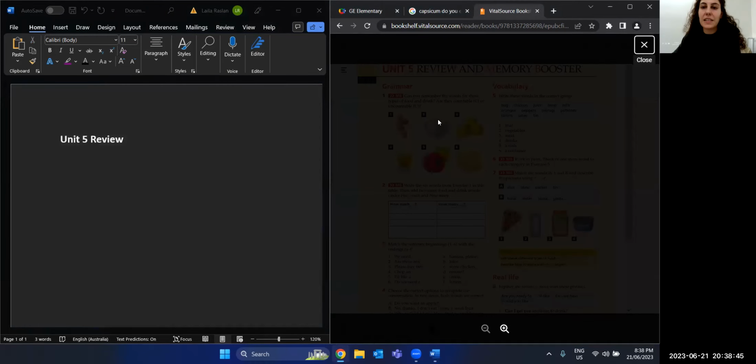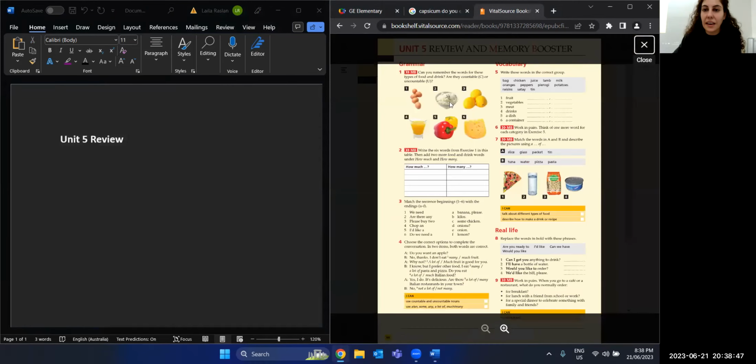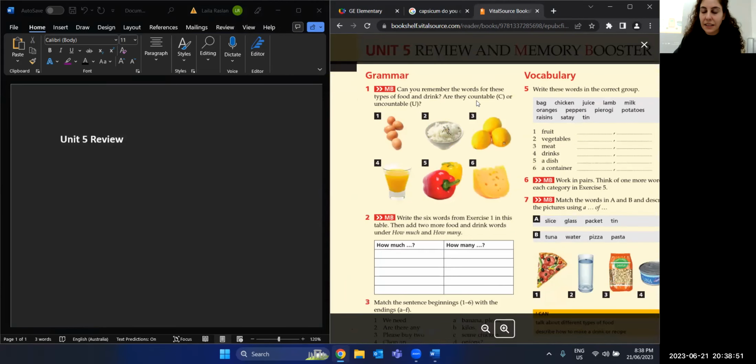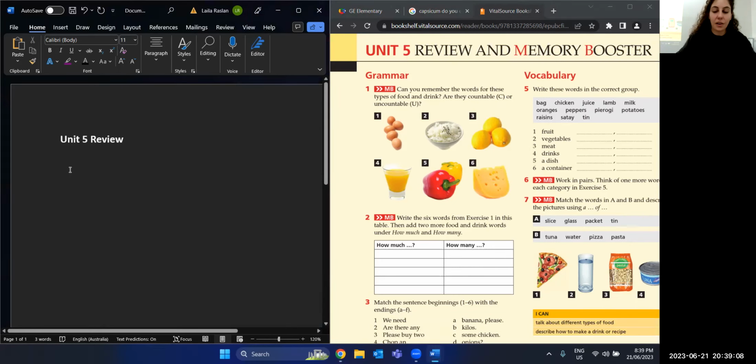Okay, so let's have a look. Grammar. We looked at nouns. You remember earlier in the unit, a few lessons ago, countable and uncountable. Do you remember these words? What do they mean? How do you know which one? The best way to tell is that countable means we can count them. That's the easiest way.